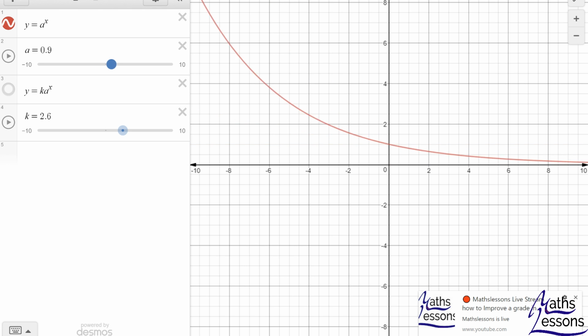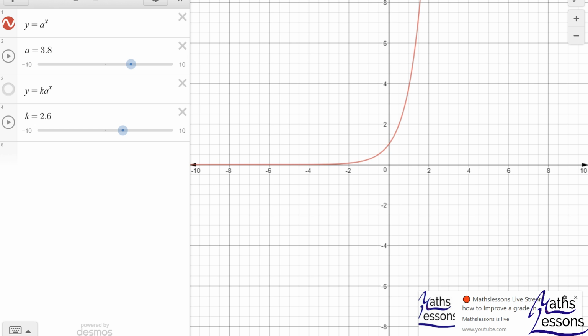Then if I go less than 1, it flips around to the other side. Quite tricky to get this graph because as soon as I go below 0, the graph doesn't exist. It's impossible to draw a negative number to the power of x. So between values that don't exist, at 1 the graph is a straight line through.